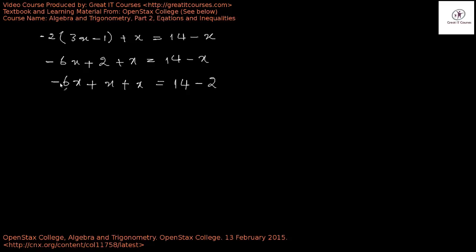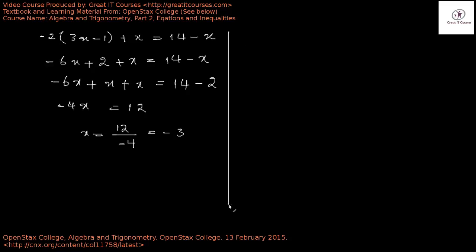So now minus 6x plus x is minus 6x plus 2x, so it's minus 4x is equal to 14 minus 2, which is equal to 12. So x is equal to 12 divided by minus 4, which is equal to minus 3. Now let's test if our answer is correct.